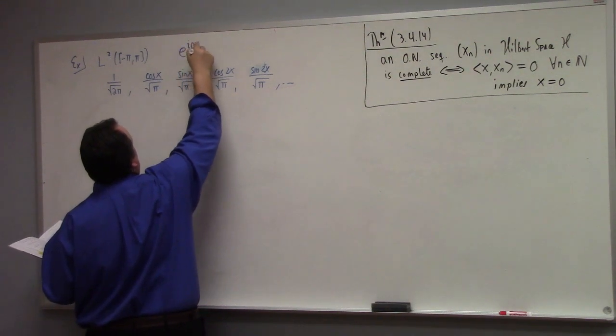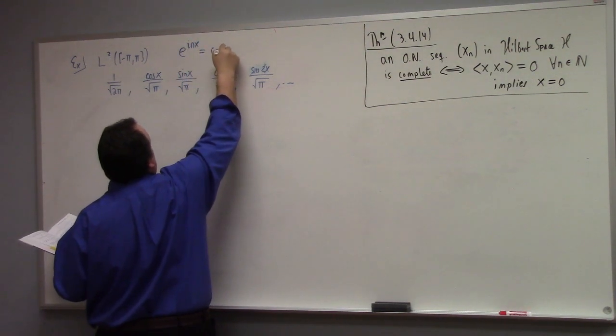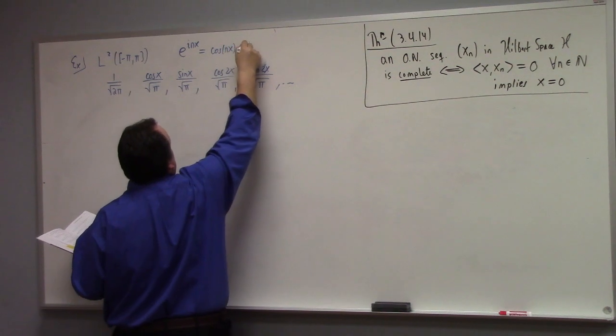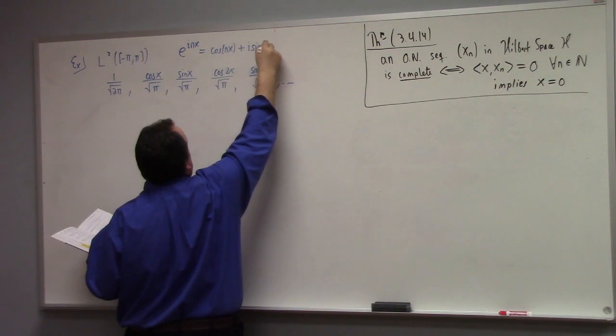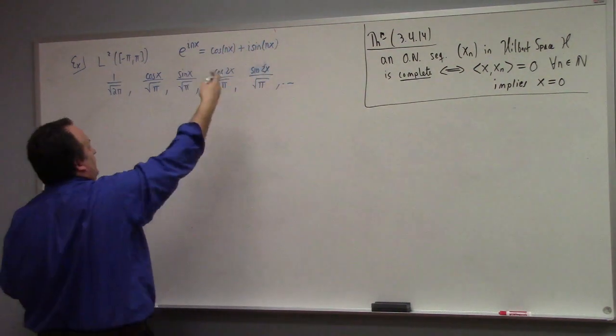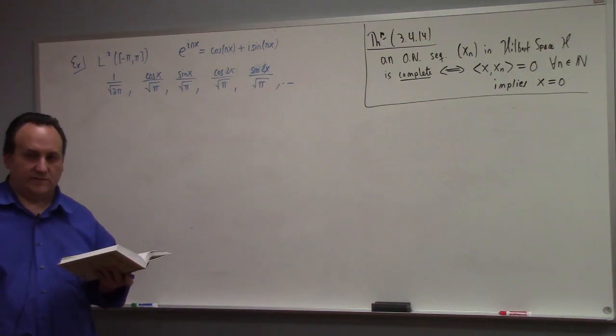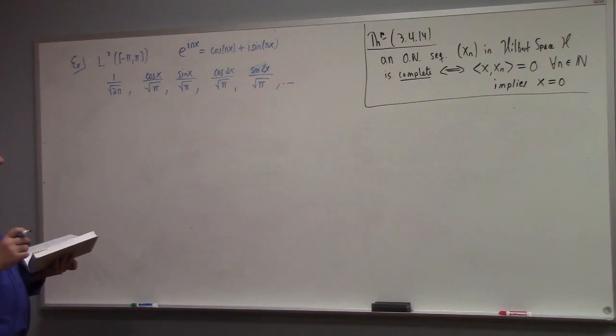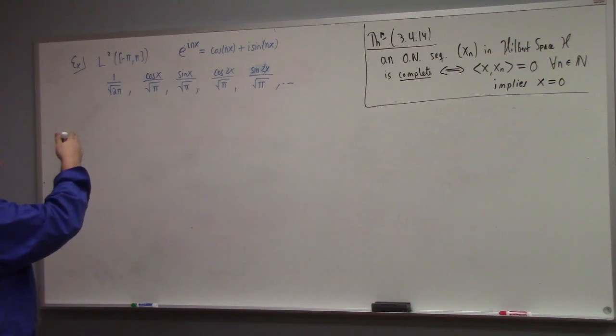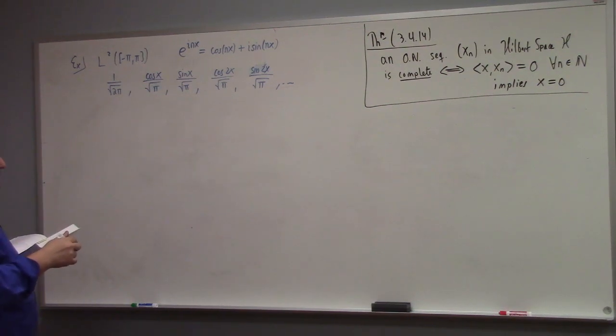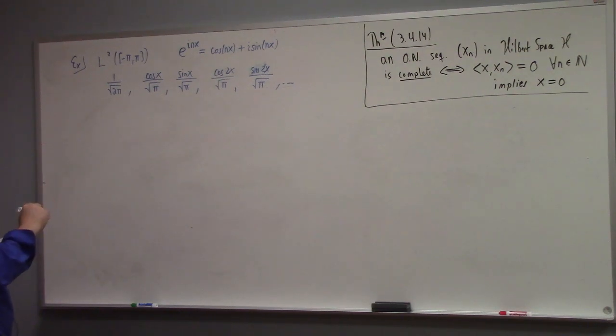E to the I nx is what? It's cosine nx, plus I times the sine of nx. And it just turns out that sine and cosine are perpendicular functions, right? These are orthogonal functions. And so you can play these games. You can replace the orthonormal sequence we talked about in the previous example with this one.